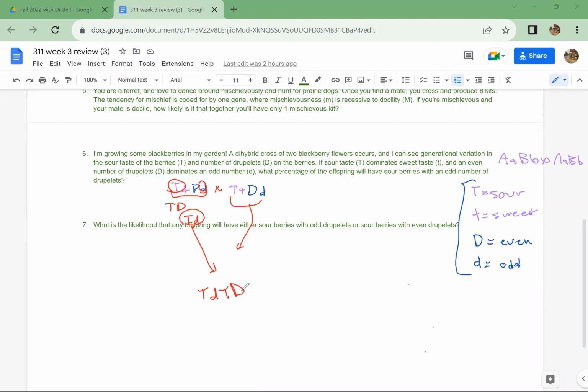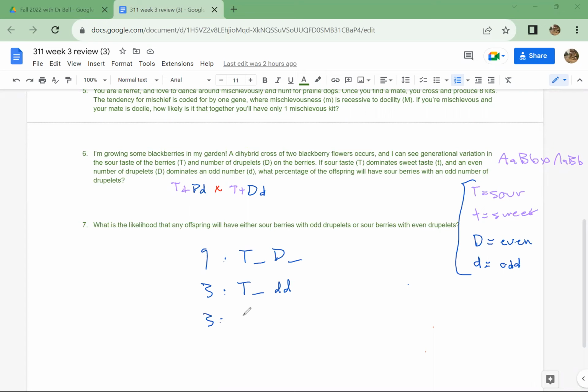And when you do this with all of the possible gametes, you come up with a specific ratio. Nine of them will have dominant alleles, or at least one dominant allele at both loci. Three of them will have a dominant allele at the first locus, and both recessive alleles, or 0 dominant alleles at the second locus.